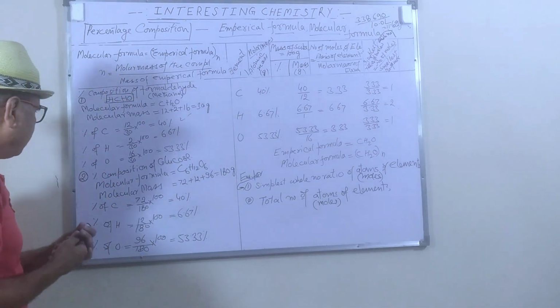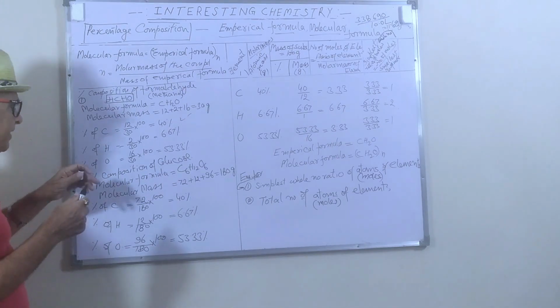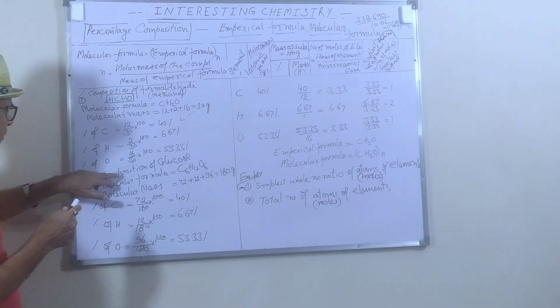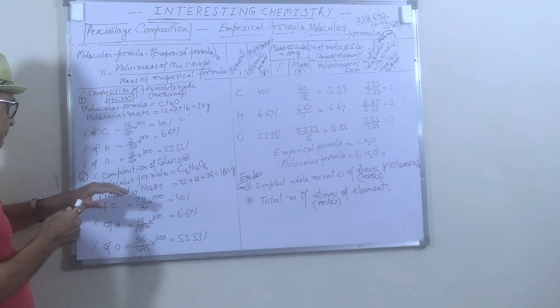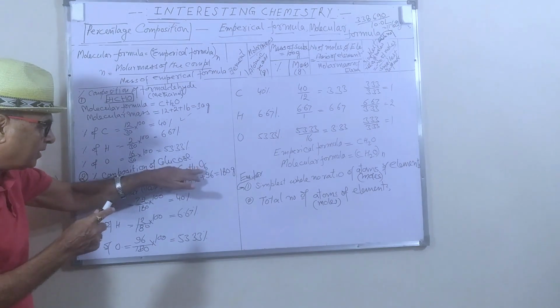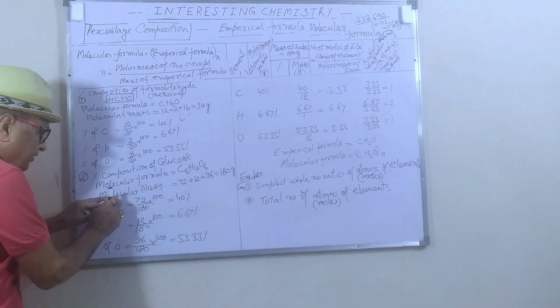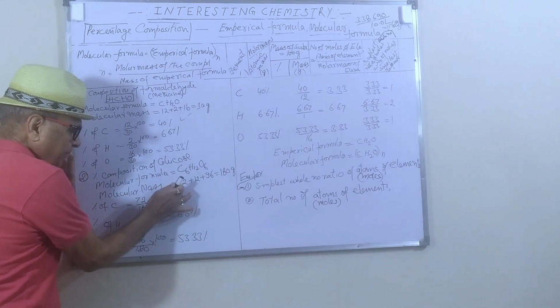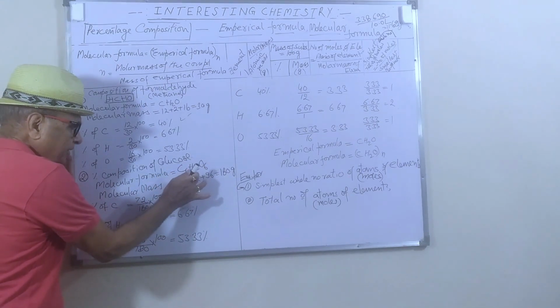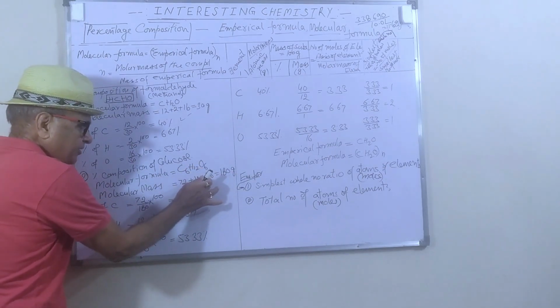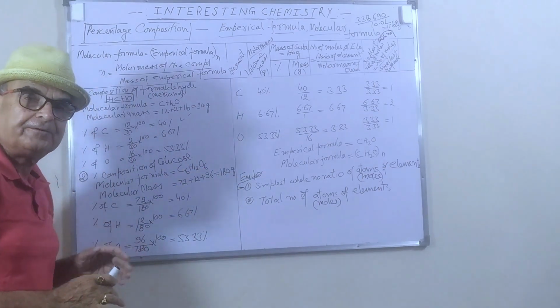Now take the second example. Find out the composition of glucose. The molecular formula of glucose is C6H12O6. The molecular mass: carbon 72, hydrogen 12, oxygen 16 into 6, which is 96, so it is 180.